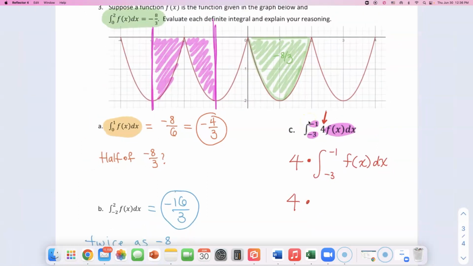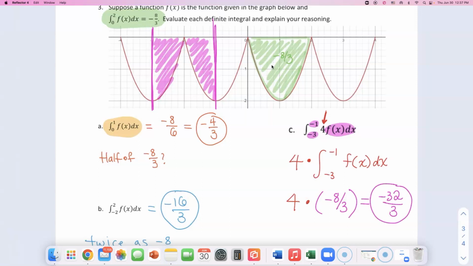Do you agree with me that this pink area is really the same as this green area? Because imagine if I just move that half over there, they're the same exact thing. So I'm multiplying this by negative 8 over 3. My final answer is negative 32 over 3.